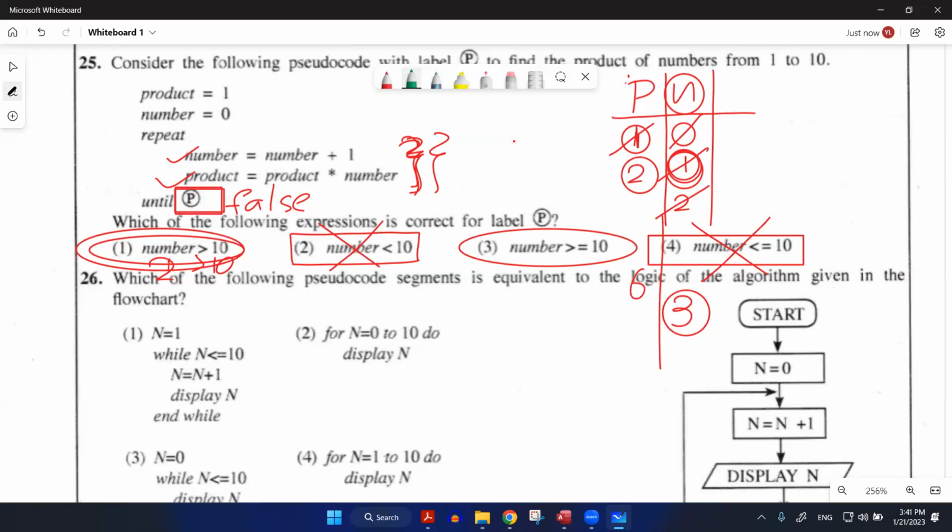When number increases by 1, then it gives us the product. So number becomes 2, 1 into 2 happens. Number becomes 3, 2 into 3 happens. That means 6. The number becomes 4, 4 into 6 is going to happen, 24. So likewise, this is going to happen until 10.